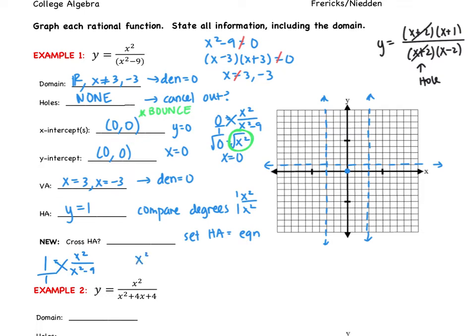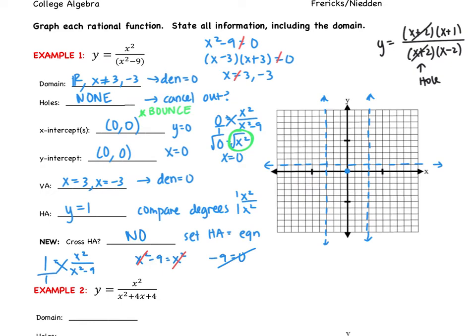So I get x squared minus 9 is equal to x squared. X squareds cancel. So I get negative 9 equals 0. That is a false statement. That tells us we do not cross the horizontal asymptote. Whew.